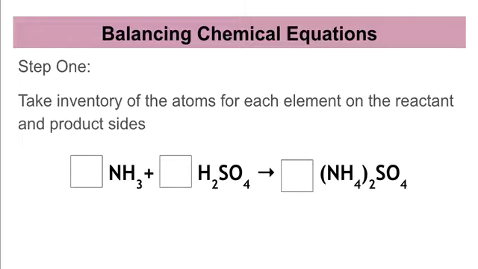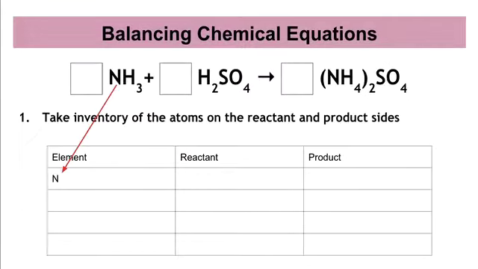We want to take inventory of how many atoms there are for each element. We do this with a little table. First, we're going to identify what elements are on each side. First, you see we have nitrogen, so I'm going to list that as an element. Then we have hydrogen.